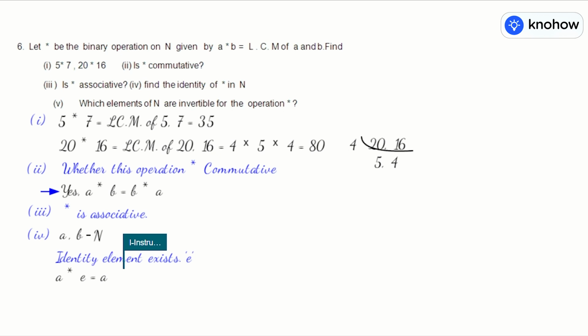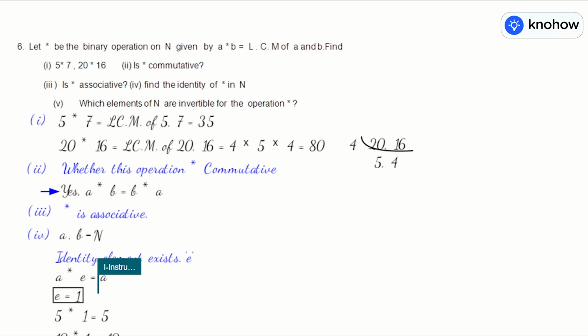Yes. If you take 1, consider E as 1, then what is the LCM of 5 and 1? The LCM of 5 and 1 is 5. The LCM of 10 and 1 is 10. That means the LCM of any number with 1 will remain the same. So you may conclude that yes, the identity element for the given operation exists and it is 1.